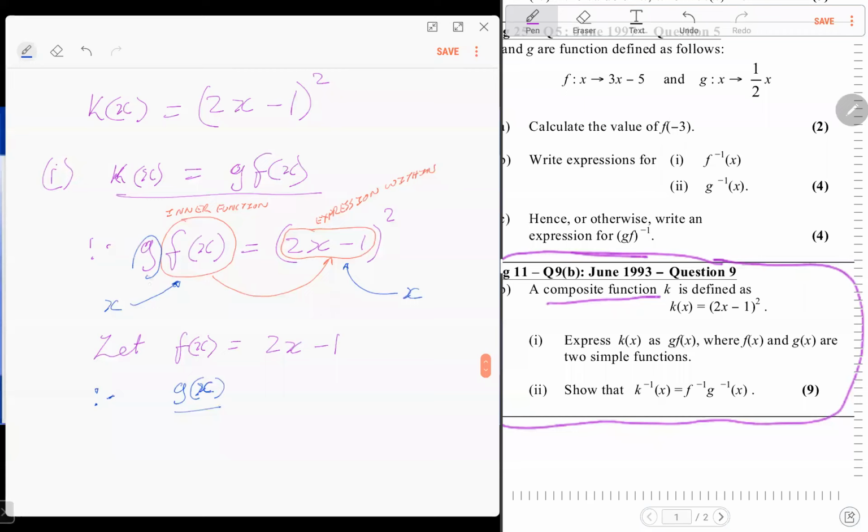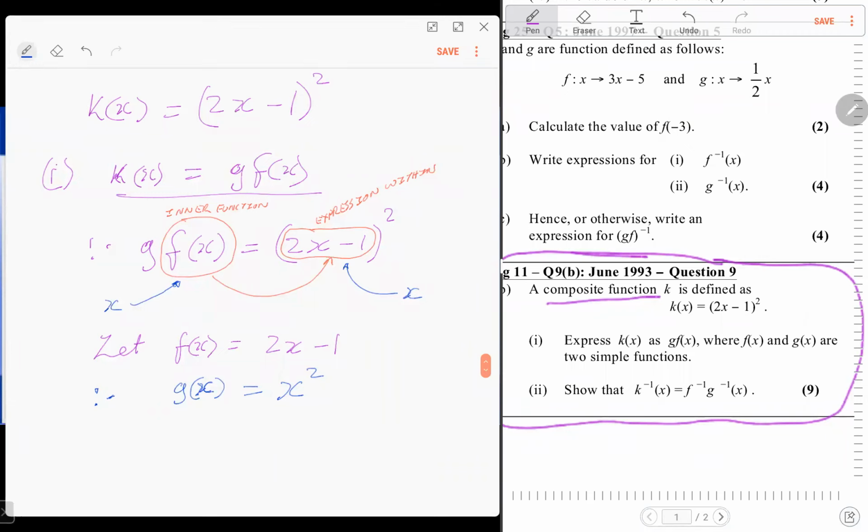G of x becomes equal to, when you put x in this place right here, you just get x squared. All right, so we're going to end up with x in the bracket squared. But when it's x alone in the bracket, you don't need to show the bracket. And so it's just x squared.